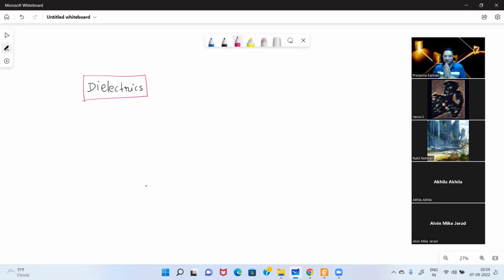Whenever these are introduced between the parallel plates of a capacitor, the capacity to hold more charge is going to increase. If it is air filled, that means there is nothing in between, then the capacitance of an air filled capacitor is given by epsilon naught A divided by D. Do you remember this?